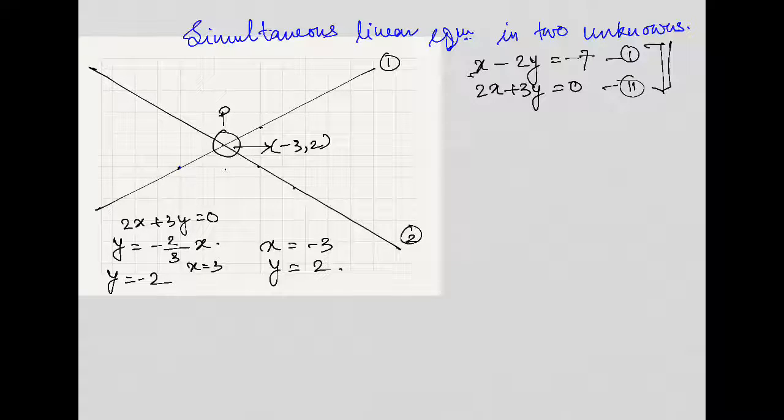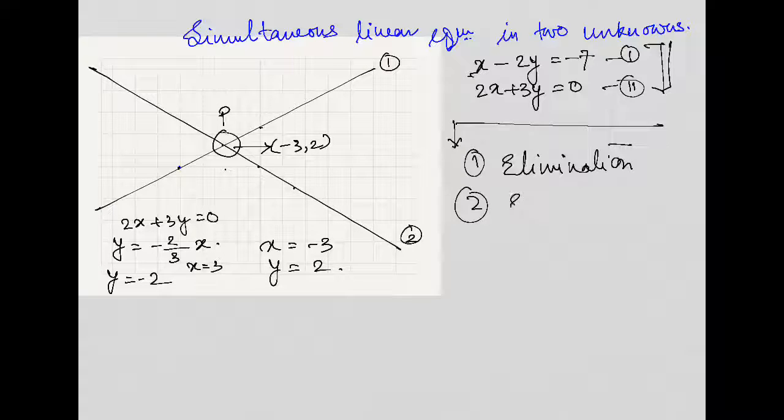Generally in algebra, we have two methods to find the solution of this pair of equations. One method we call elimination. Another method we call substitution. In elimination, we take some number and multiply one equation with it, making the coefficient of a particular variable the same.